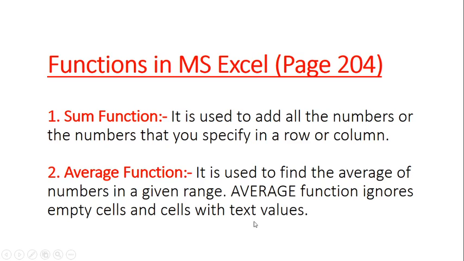Average function ignores empty cells and cells with text values. Okay, this part is to understand. It means that in the values, the average function will ignore where there are empty cells, nothing is entered in a cell, or where there is text, right?